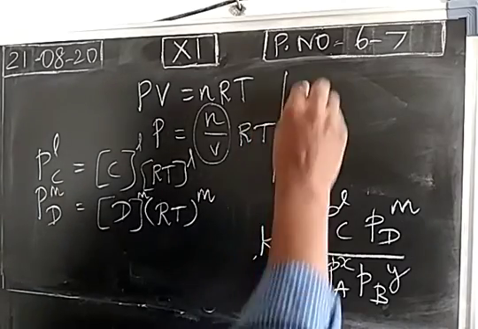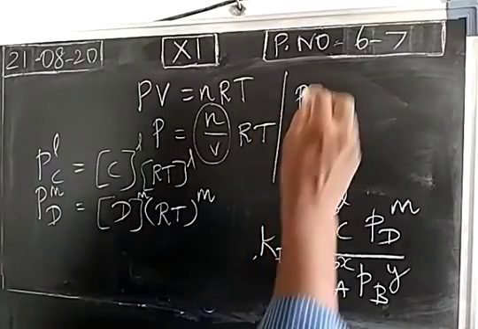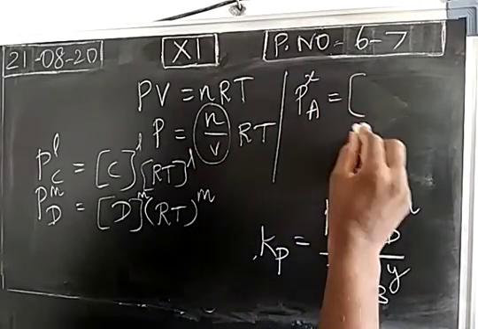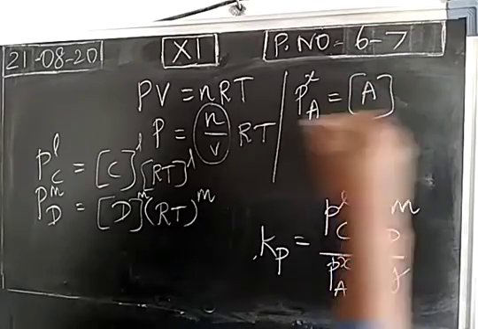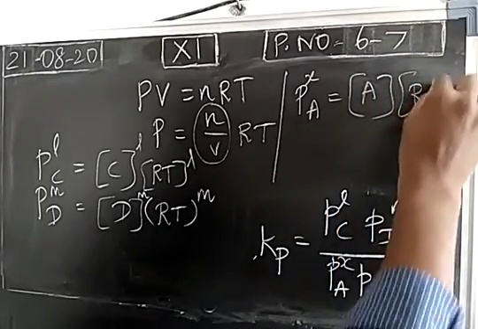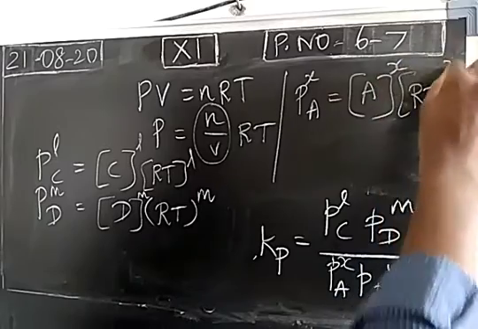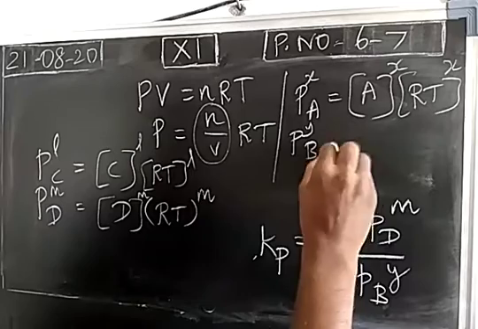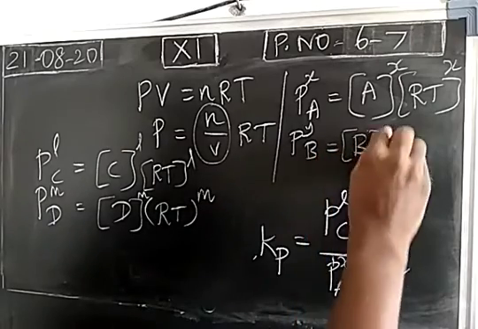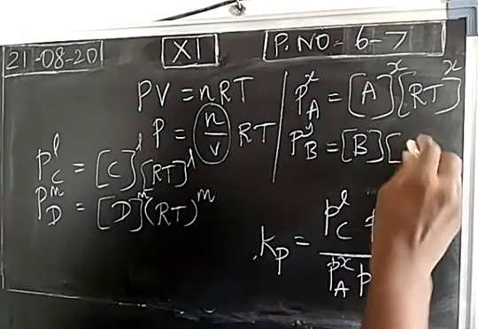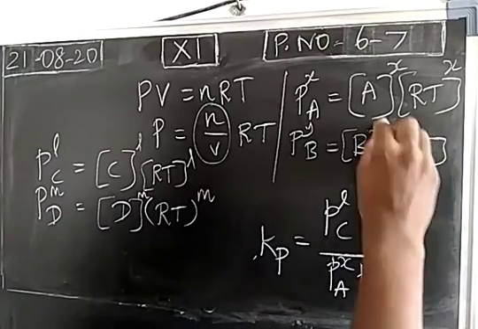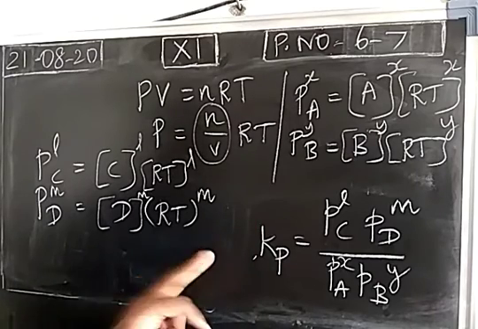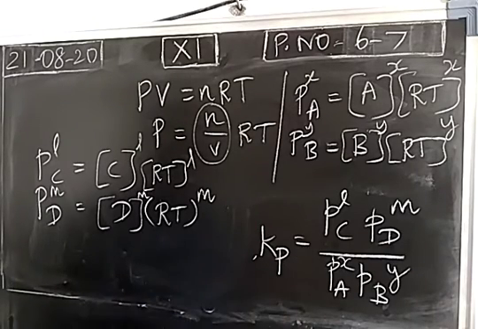Then partial pressure of reactant A to the power X is nothing but the product of active mass of reactant and RT, exponential power X. The same way for another reactant, partial pressure is the product of active mass of reactant B and RT, exponential power Y. So equilibrium constant in terms of partial pressure is written this way.